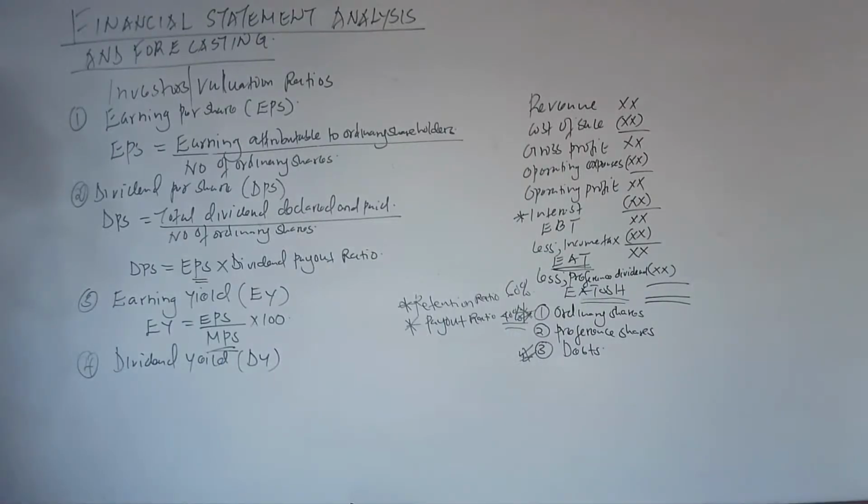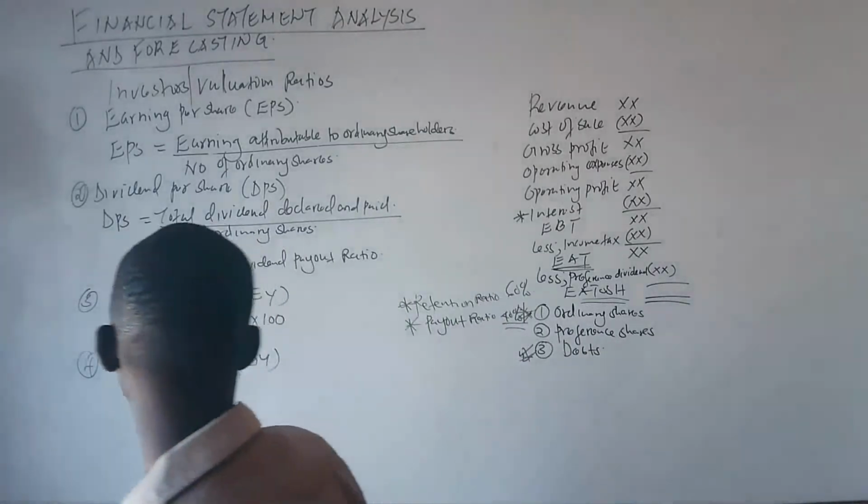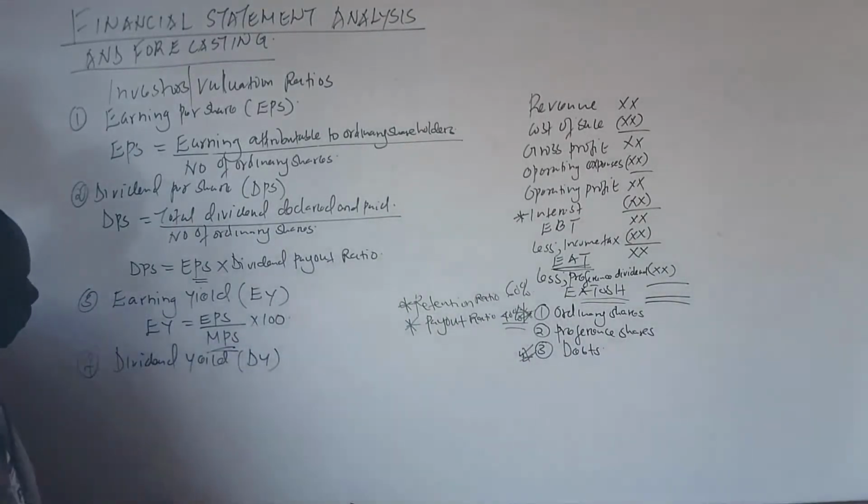Write and say that this indicates the percentage return in the form of dividend for every amount invested in the company. For every amount invested in what? In the company.